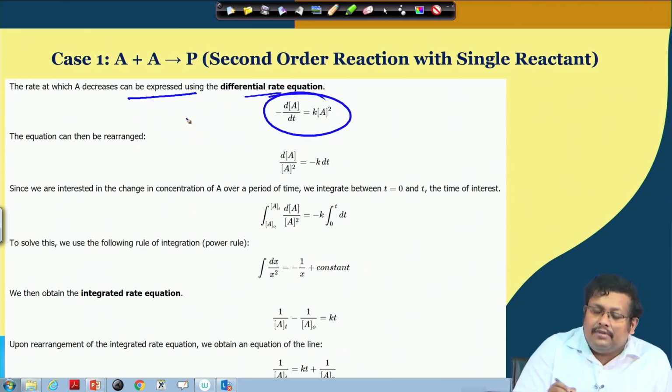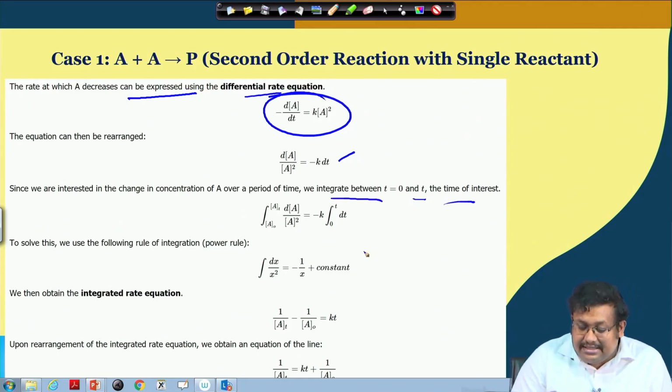We have previously seen that minus dA by dt is K into the concentration of A squared. This equation can be rearranged as dA by A squared equal to minus K dt. Since we are interested in the change of the concentration of A over a period of time, we integrate between T0 and T, the time of interest.